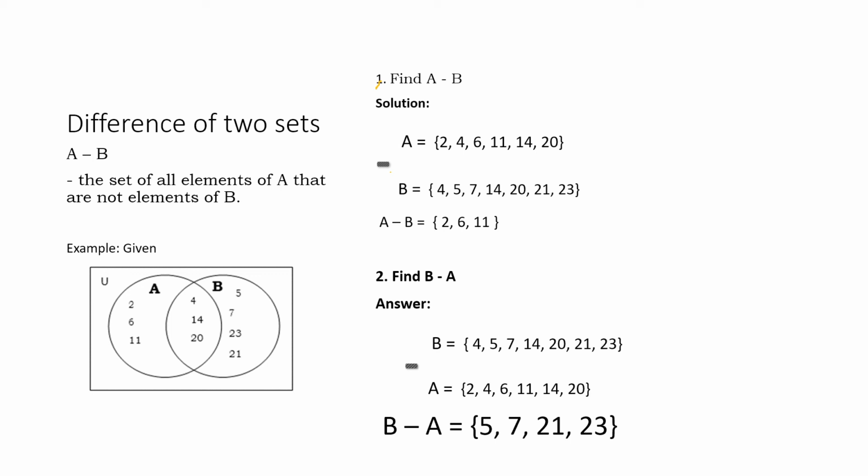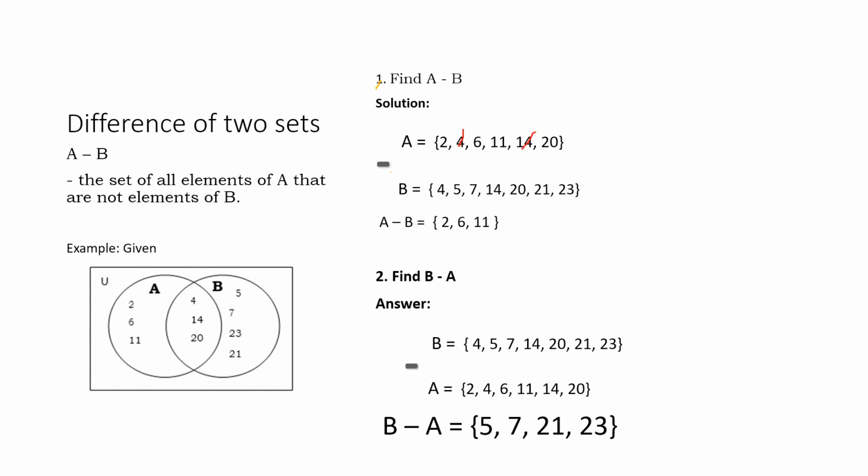Ngayon, para makuha mo yung sagot ng A minus B, remove all the elements of A na nandun sa B. Tatanggalin mo lahat ng elements ng A na makikita mo sa B, which is 4. Tama? So, tanggalin natin yung 4. Why? Kasi nandun siya sa B. What else? 14. Sorry. 14. Nandun din siya sa B. So, tatanggalin natin yung 14.